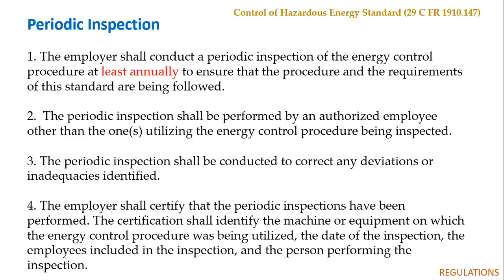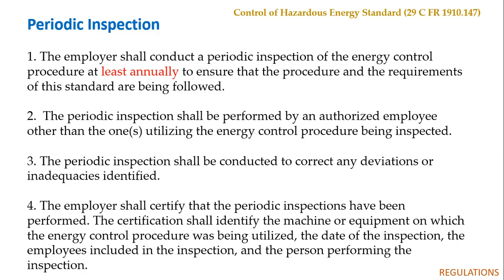So now we will see in detail about the periodic inspection under this energy control program. The employer shall conduct the periodic inspection of the energy control procedure at least annually to ensure that the procedures and the requirements of these standards are being followed.